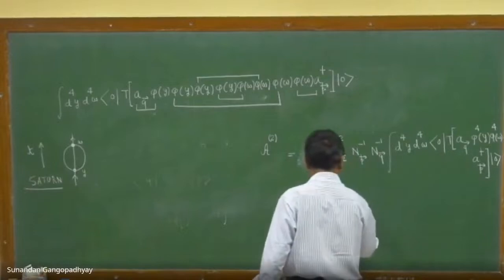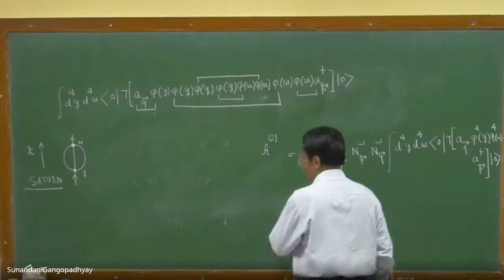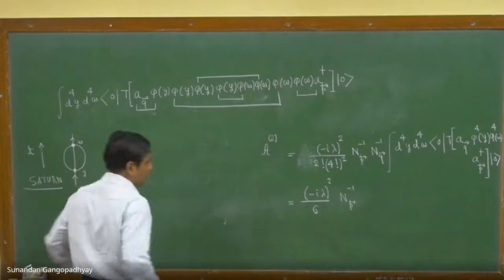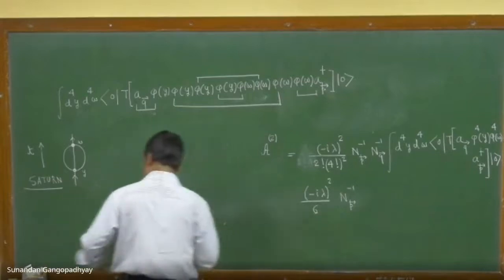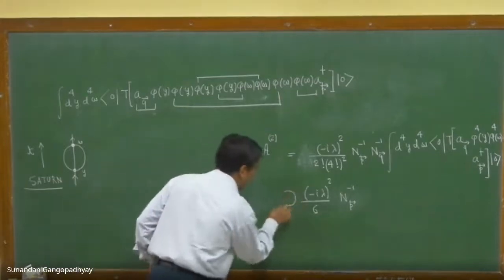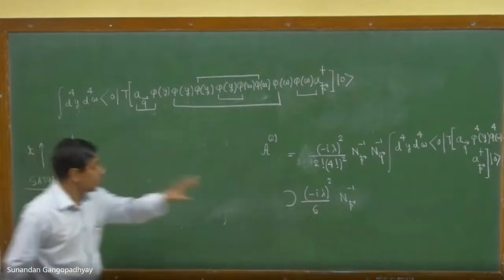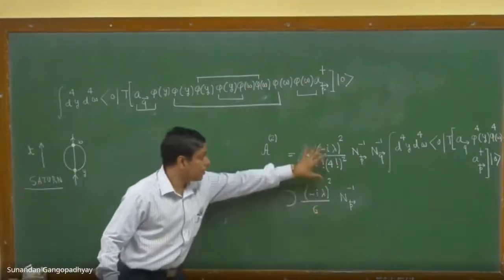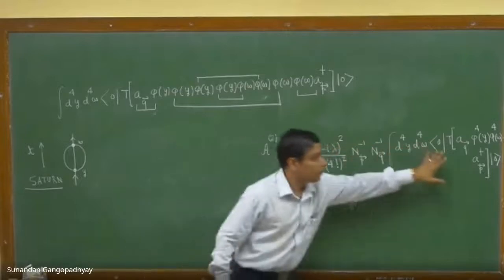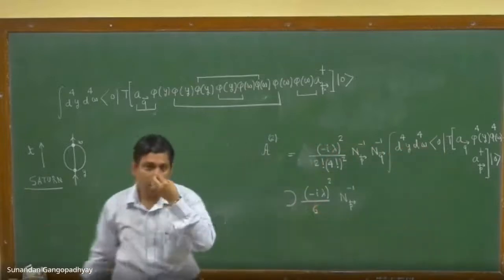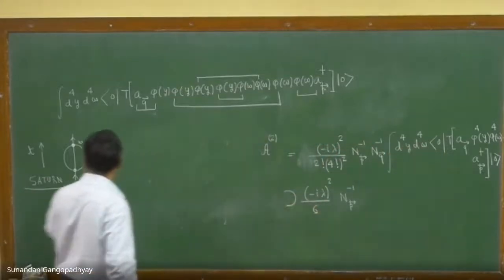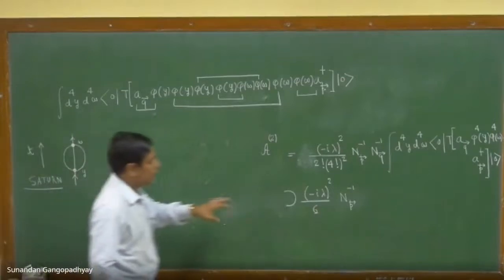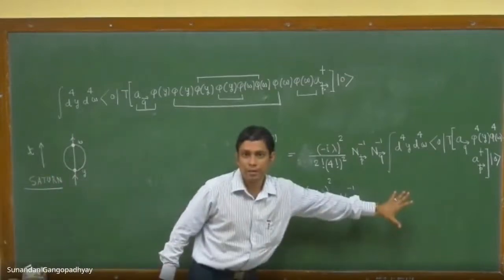Then we will have N_p inverse. But let me just write it down in this way. I'm not writing this is equal to this, because in this there are many such terms possible. One of the terms which corresponds to this diagram is the expression that I'm writing down.